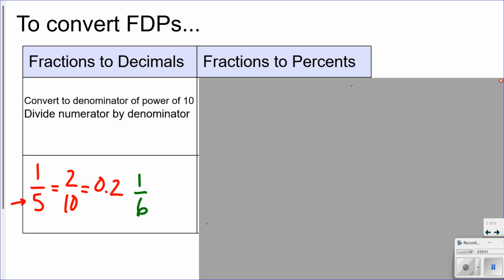But what about something like 1/6? Well, we can't get 6 to a power of 10, so in this case, you would just divide 1 by 6, and in that case, it would become 0.1, and then the 6 is repeating off into infinity. At that point, you can use your calculator.